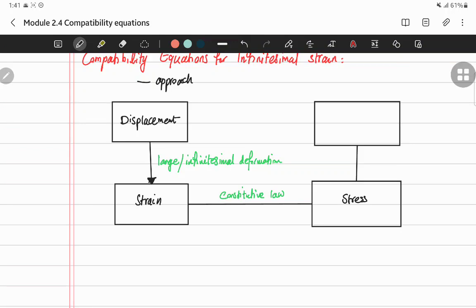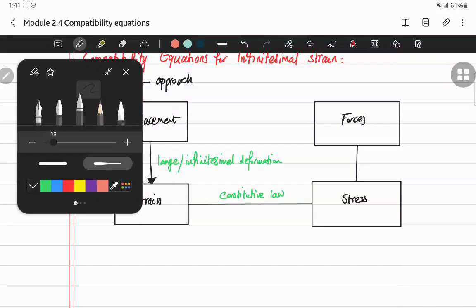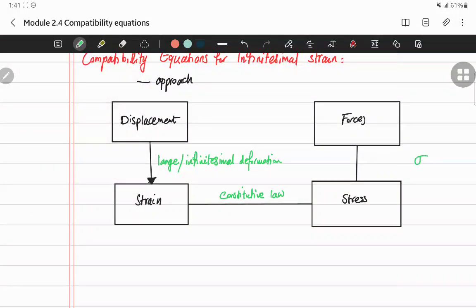And from stress, we can calculate the forces. For example, if you remember, we had sigma equal to F divided by A, right? The Cauchy stress tensor, which we will deal with in the next chapter, is better written in limit format, like the limit of F over A when A goes to 0.